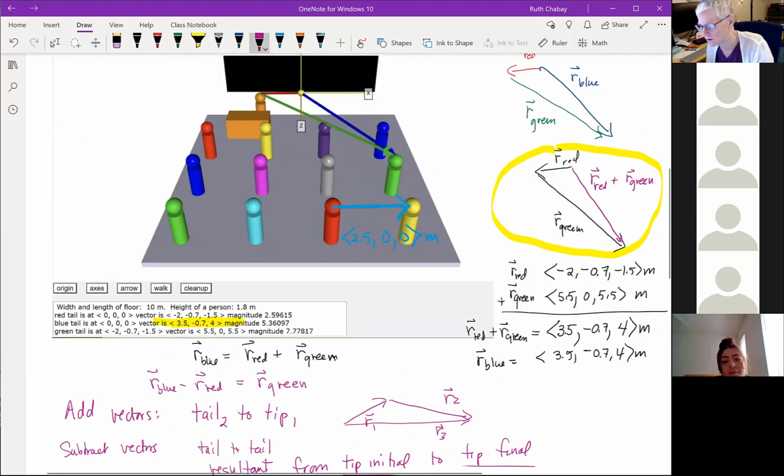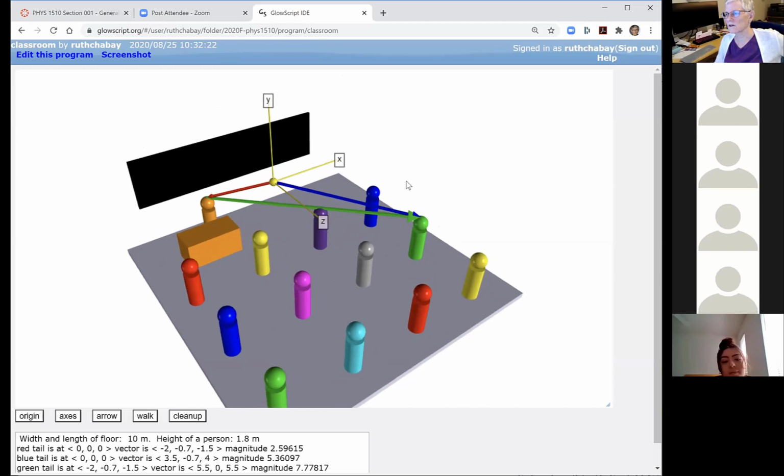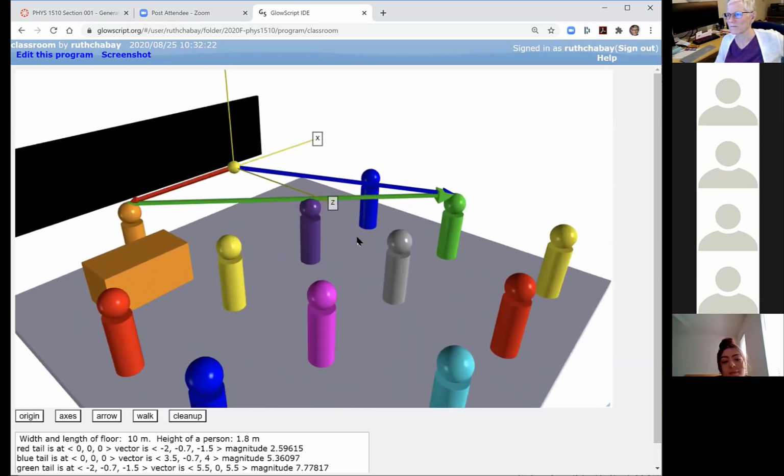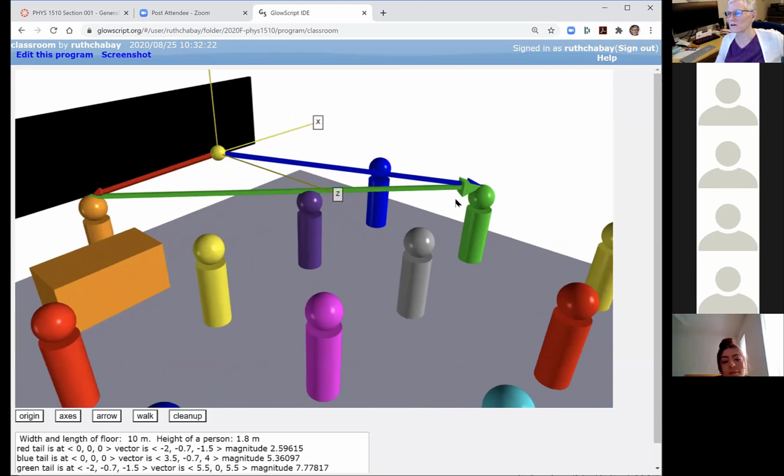Let's go back and look at our picture here. Actually, to really see this, we should probably switch and go back and look at the original program so that we can get a better view of it. Okay, the blue vector here is the sum of the red vector plus the green vector.